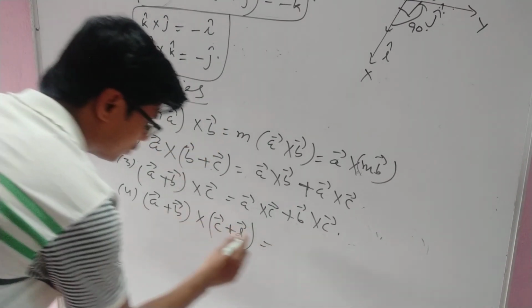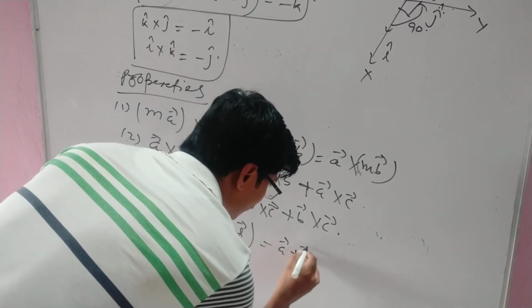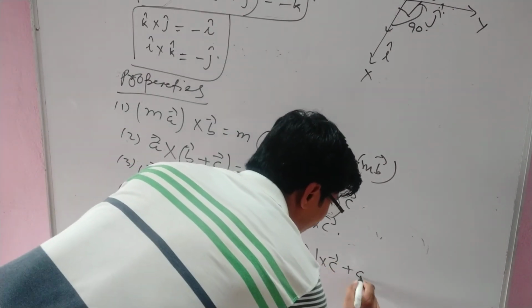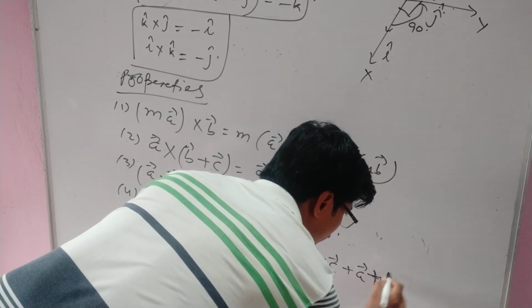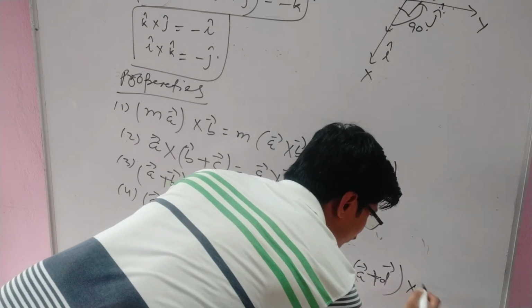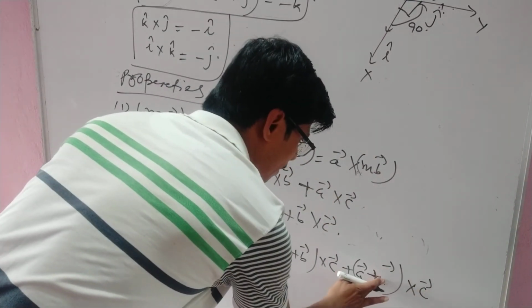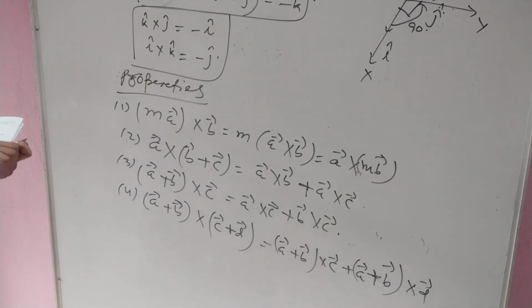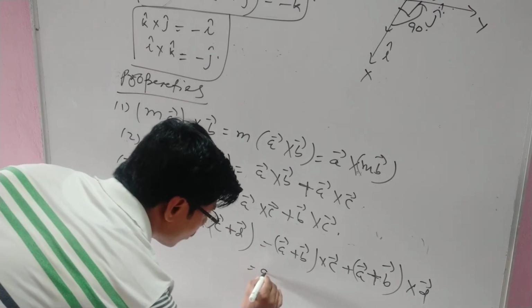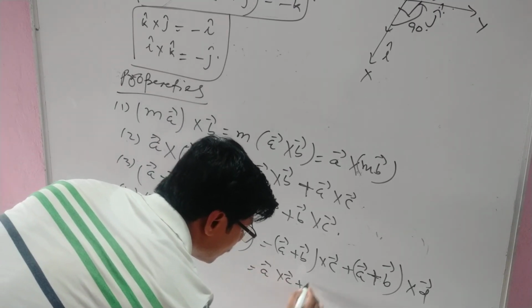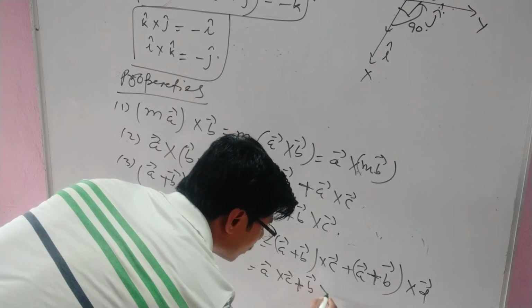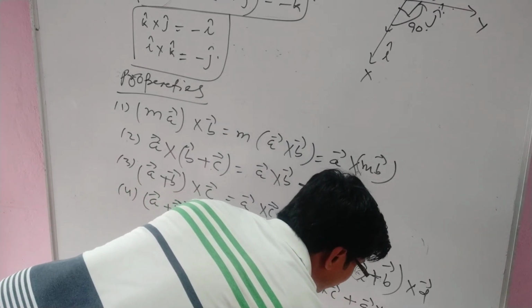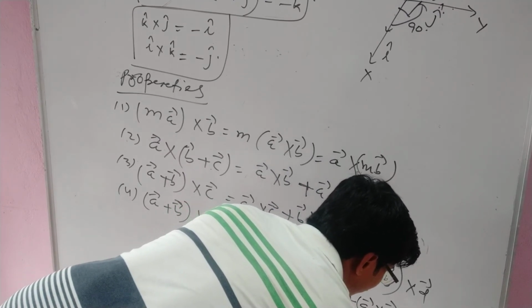First this plus, a cross c plus b cross c, where a plus b, this is d. After that we solve it: a cross c plus b cross c plus a cross d plus b cross d.